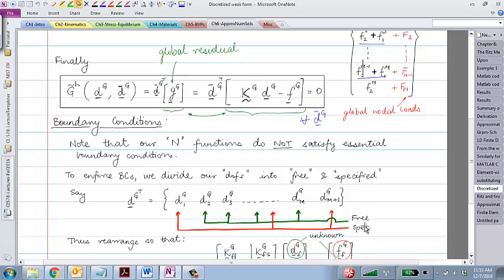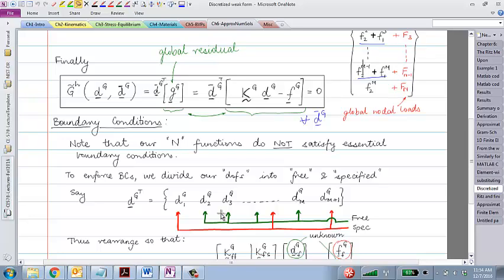For a 1D problem, usually the specified degrees of freedom are at the end. But in general for 2D and 3D problems, that's not necessary. You can have degrees of freedom specified within the domain as well. But in general, you'll be able to break up all of your degrees of freedom going from 1 to m plus 1 nodes, all of the nodes of that bar. Some of them would be specified and some of them would be free.